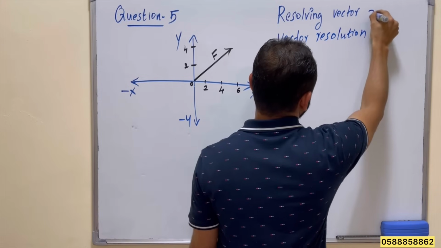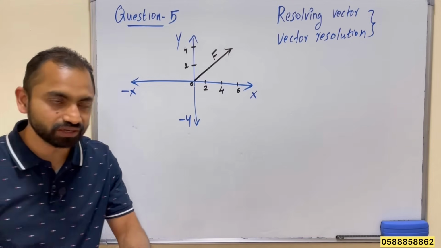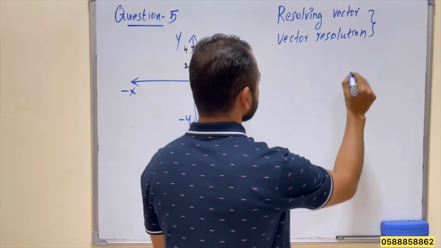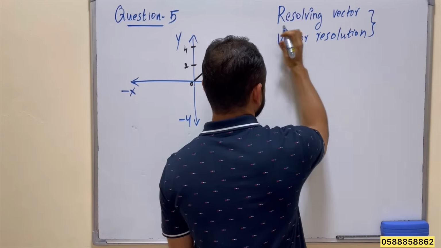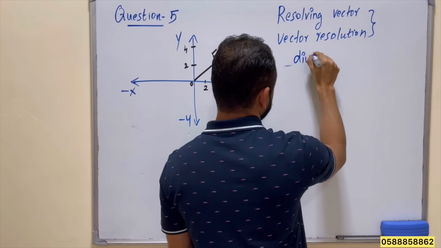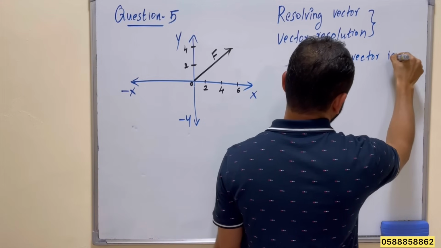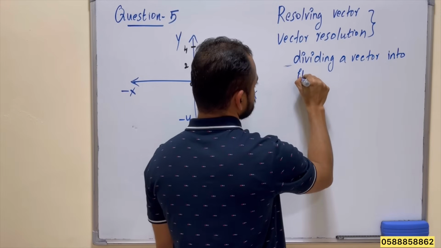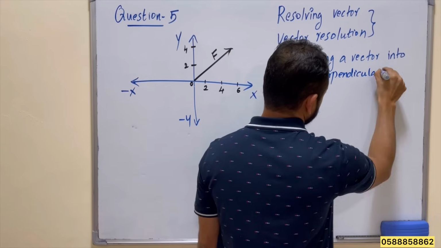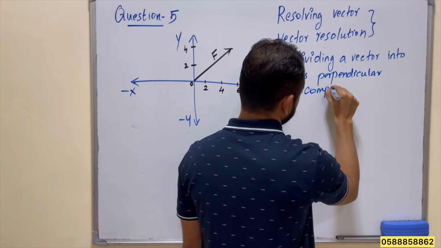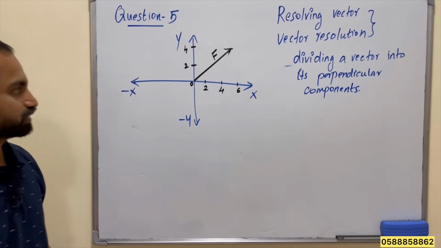So what is vector resolution? Vector resolution is splitting or dividing a vector into its perpendicular components. That is called resolution of the vector or resolving a vector.